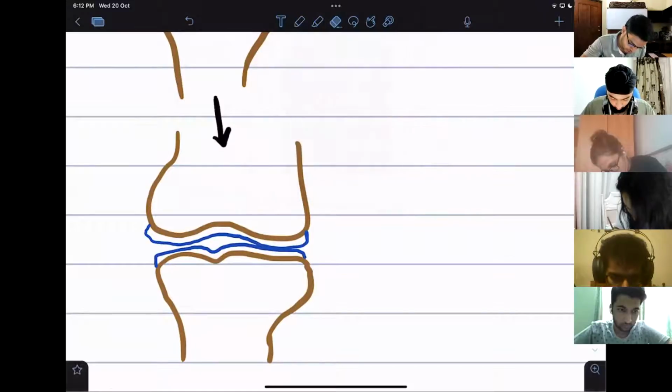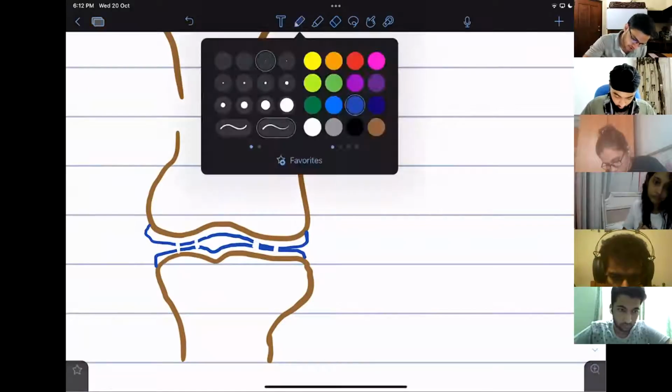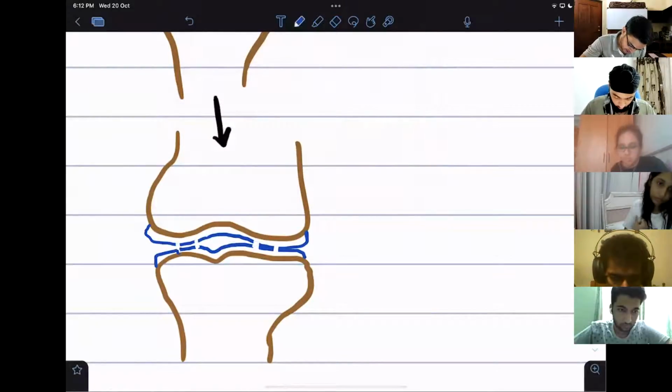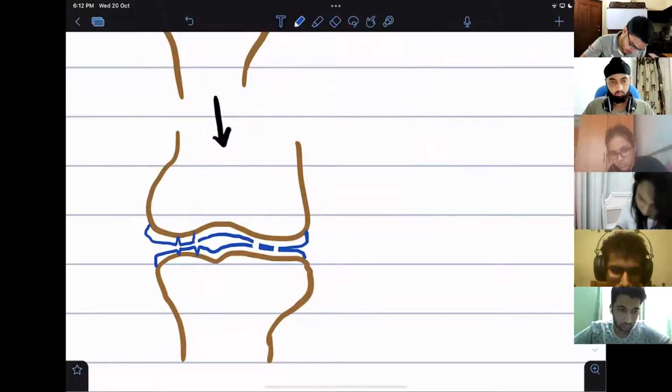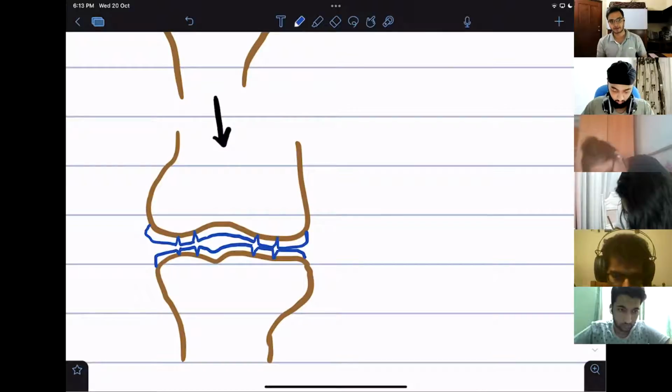Don't draw yet; after I tell you all, you can draw. It's going to appear something like this, here, here, here. There are erosive changes towards the bone, like that. They are going to erode away towards the bone.